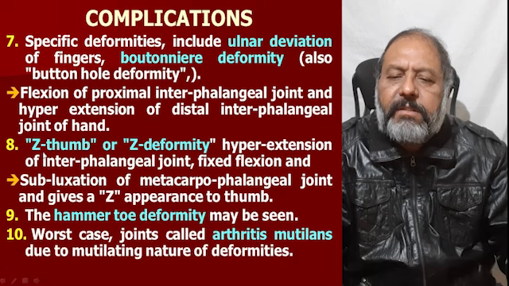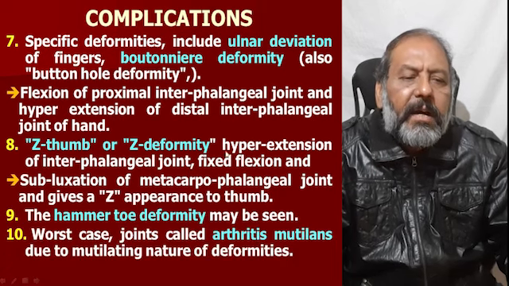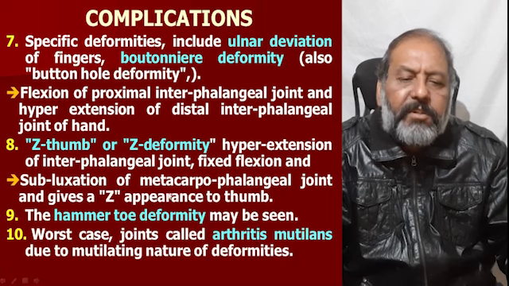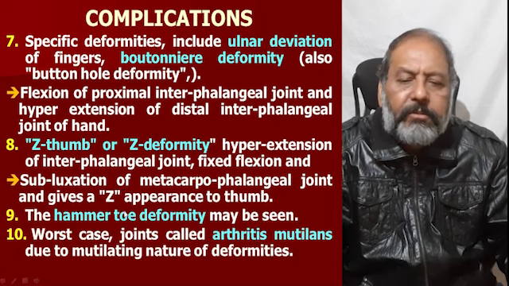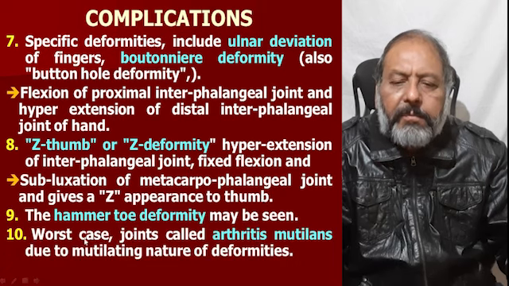Then the eighth is Z thumb or Z deformity. There is hyperextension of the interphalangeal joint and fixed flexion, and there is subluxation of the metacarpophalangeal joint, which gives a Z appearance to the thumb.